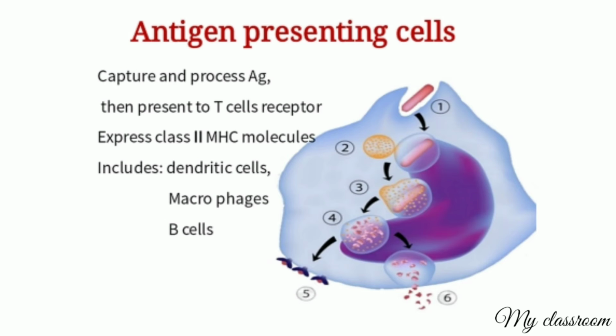Antigen presenting cells. They capture and process the antigen, then present it to the T cell receptor. They express the class 2 MHC molecules, major histocompatibility molecules, and include dendritic cells, macrophages and B cells.